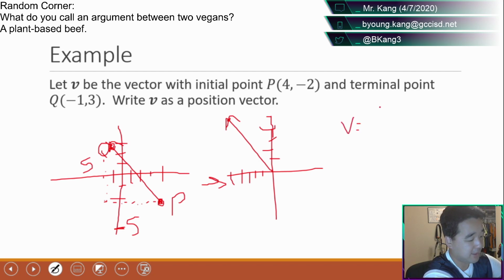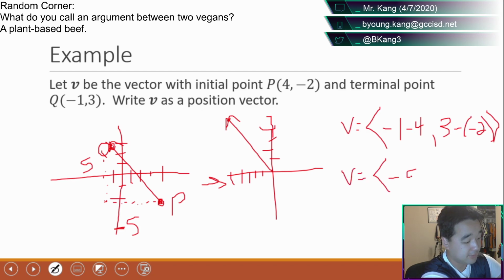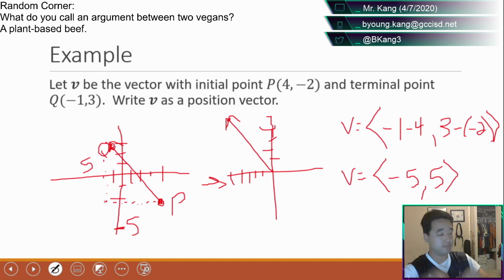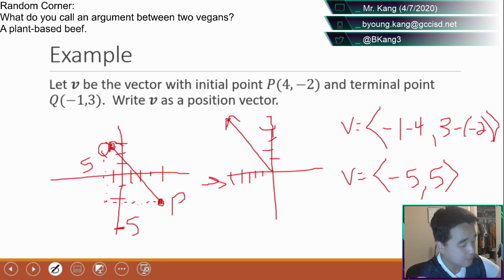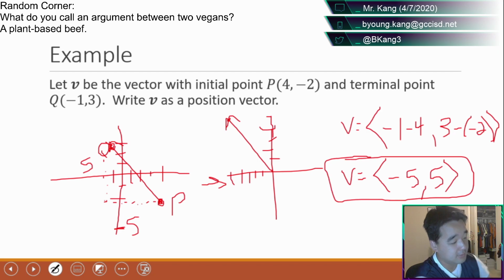Now if you see the math, and hopefully this works out towards the same, you do negative 1 minus 4 for the x-coordinate, and then 3 minus negative 2 for the y-coordinate, and we get the position vector to be negative 5, 5. So we draw the little symbols there to denote that we're actually starting the vector at 0, 0. So there's the picture way and the algebraic way of figuring it out.